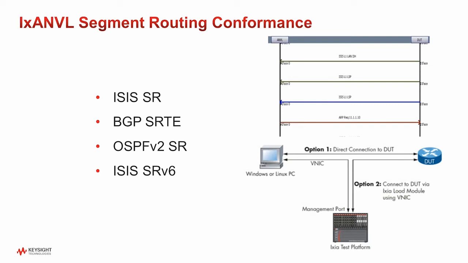And as a network equipment manufacturer, you don't want your equipment to be non-interoperable just because the implementation team missed a clause in the draft or interpreted a clause differently. Keysight customers are using the IxANVL conformance package for segment routing heavily to isolate these types of problems at a very early stage of their implementation and avoid the consequences in the field.